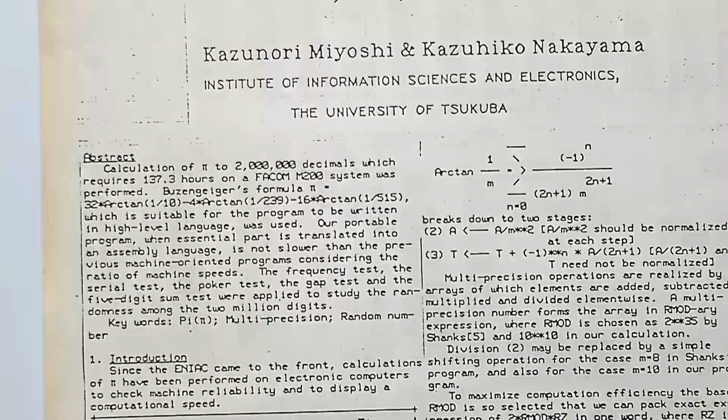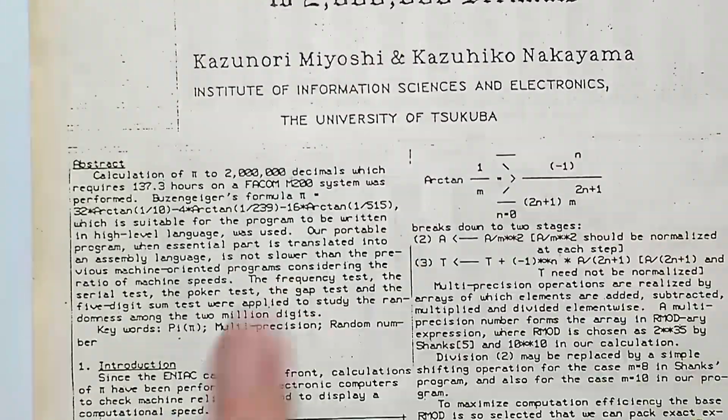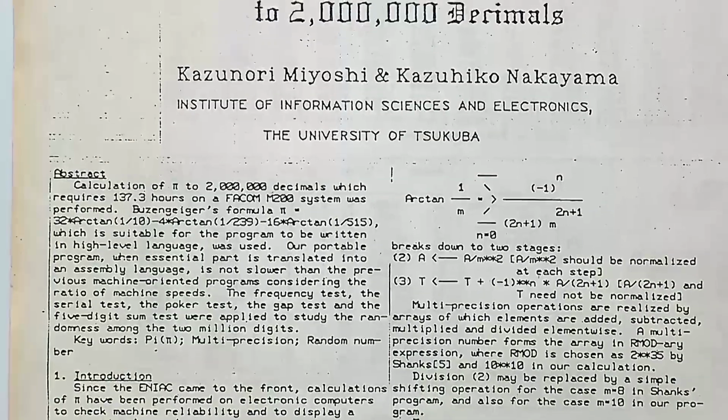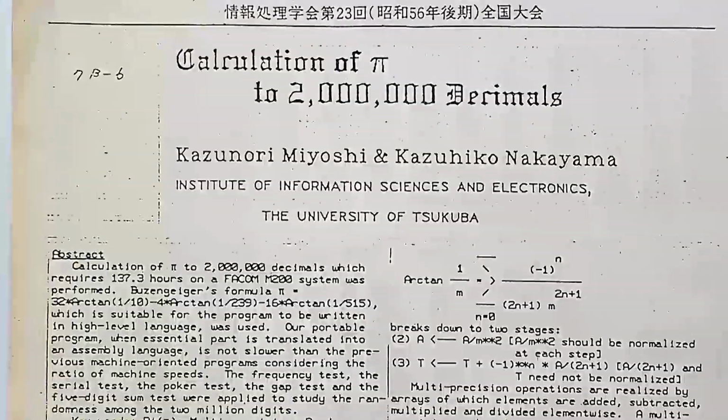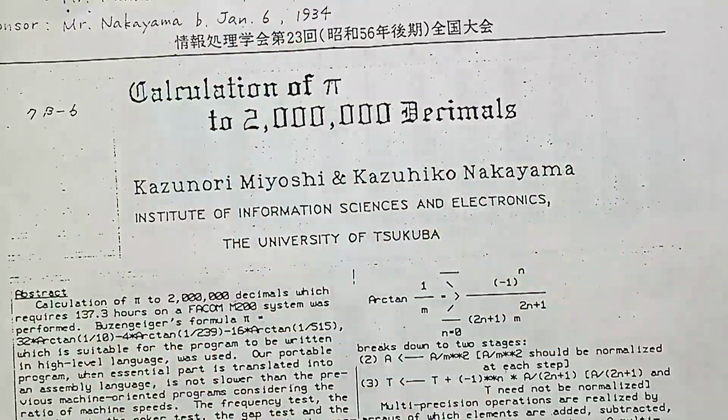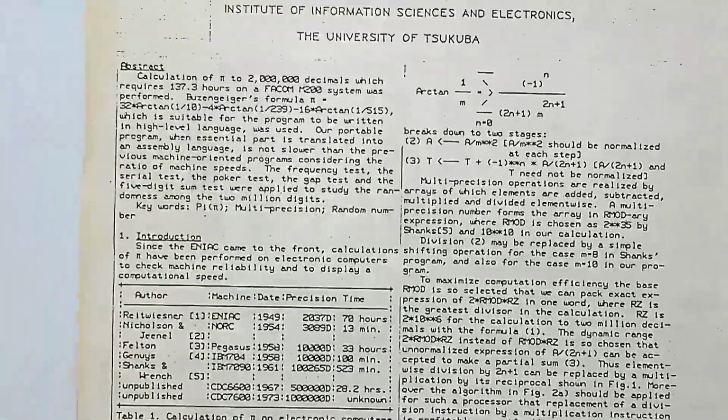Another thing in my files, somebody sent me this in 1981. This was the first time pi was calculated to 2 million decimals. That book, of course, 1981 was not so long ago, and it was 2 million at that time, and the person sent me the birthdays of the people who did the calculation.